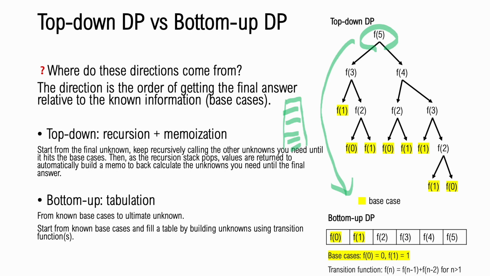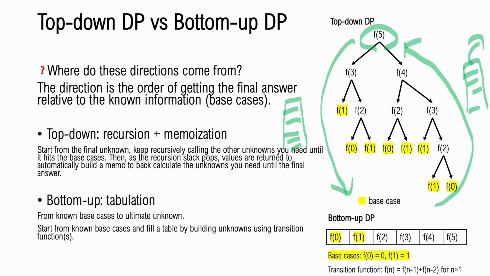Once you hit the base cases, the values will be returned and used to back calculate all the sub-problems until you reach the final answer you need. During this process, the recurrent stack will start popping.